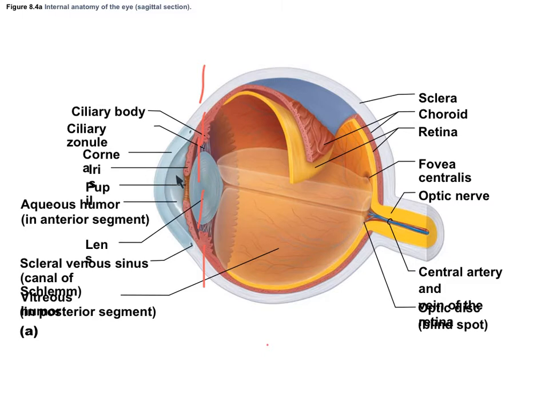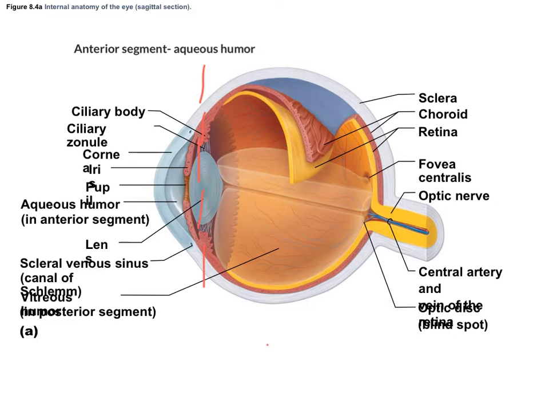In this anterior segment, you have what's called aqueous humor, a watery substance that fills that portion.